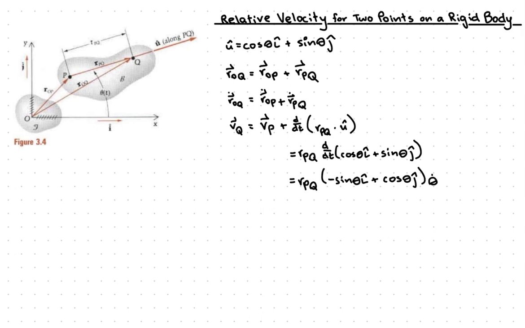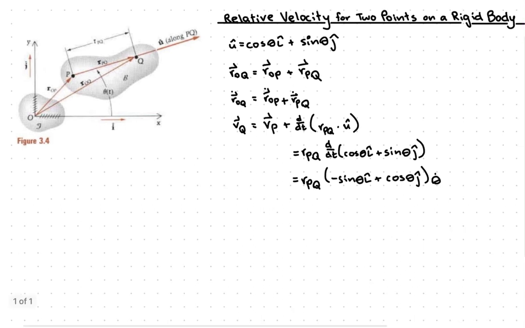Now we can take this section and actually simplify it even further. So we see that RPQ can be multiplied by theta dot in the k hat direction, crossed with cosine theta in the i direction, plus sine theta in the j direction. This cross product is equivalent to the expression above.